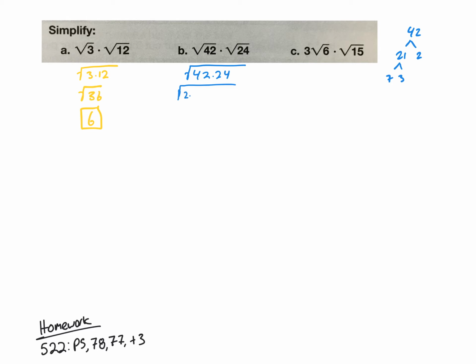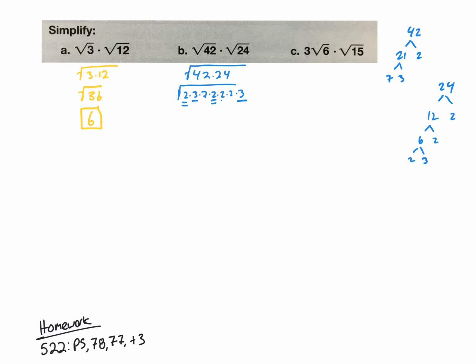So this would be 2 times 3 times 7. For 24, that is 12 and 2. 12 is 6 and 2, and 2 and 3. So that'd be times 2 times 2 times 2 times 3. And we're just looking for pairs of them, really, because we know that pairs make a perfect square.